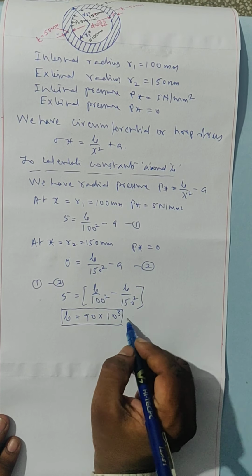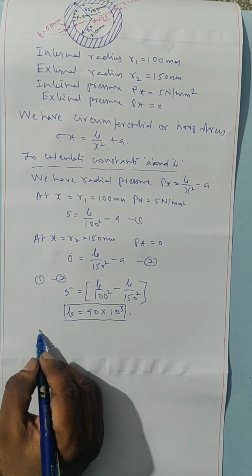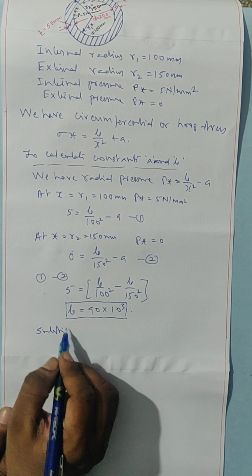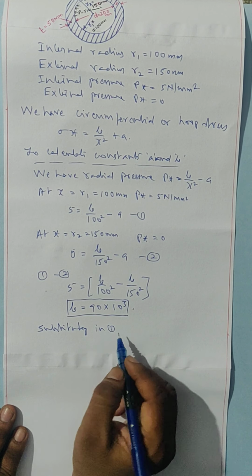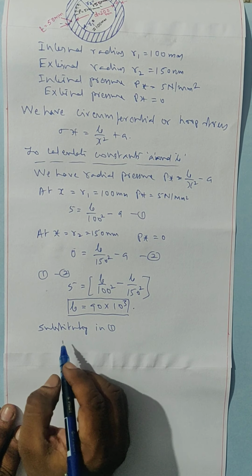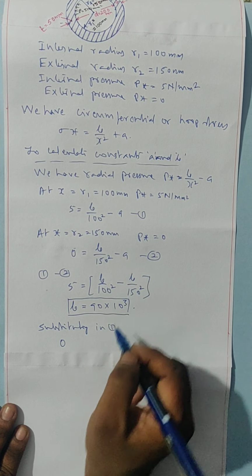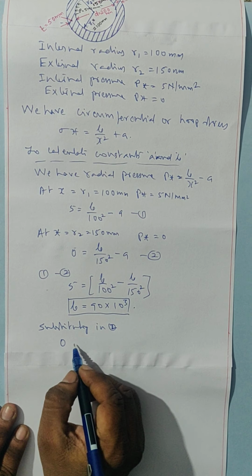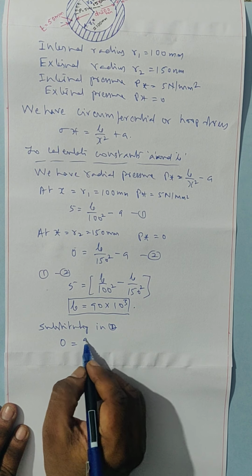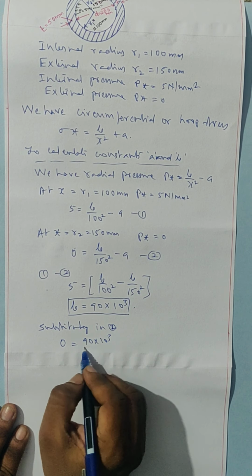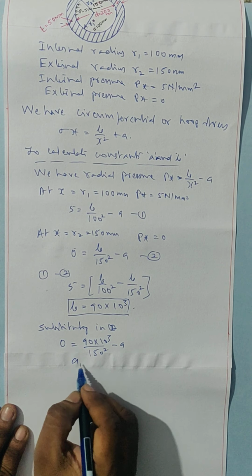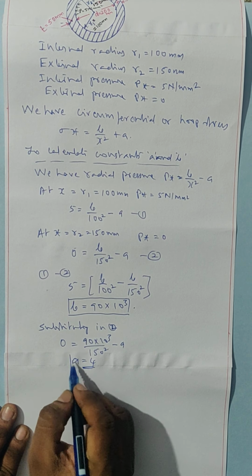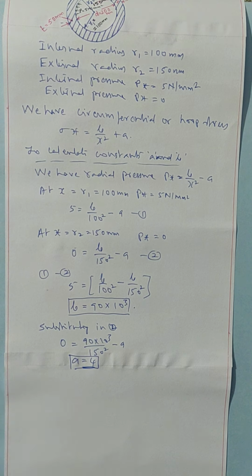Then substitute this value in any one equation. Substituting in 2, it is 0: 0 equals 90 into 10 to the power 3 divided by 150 square minus a. From this we got a equal to 4. Two constants we calculated.